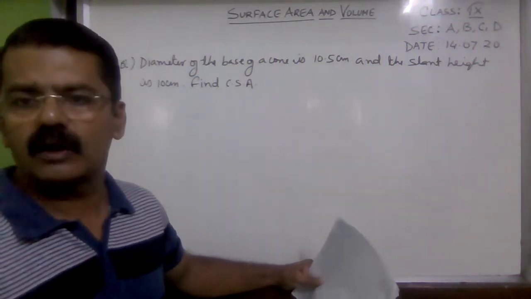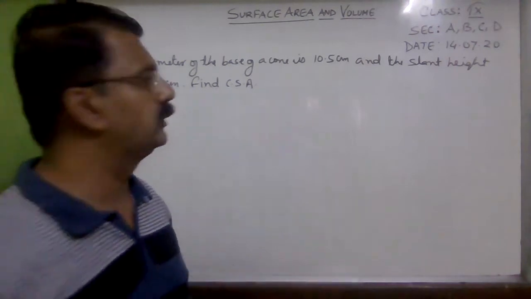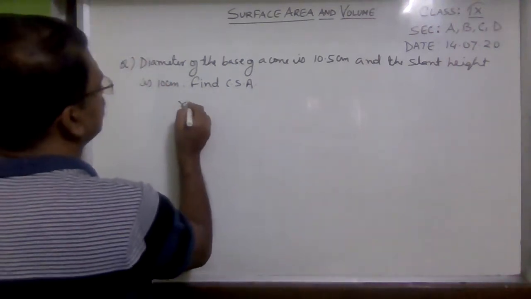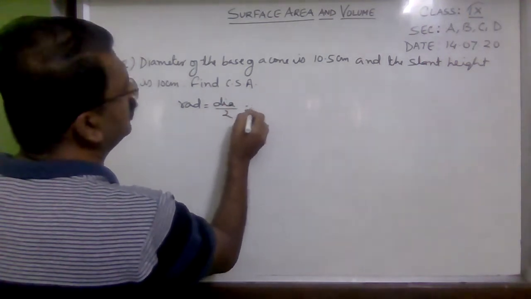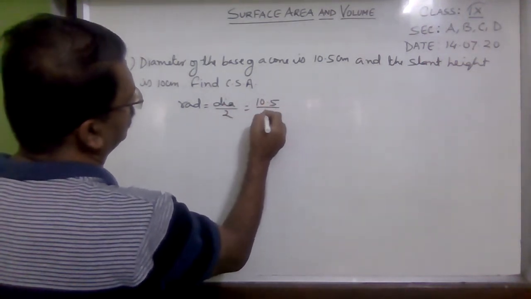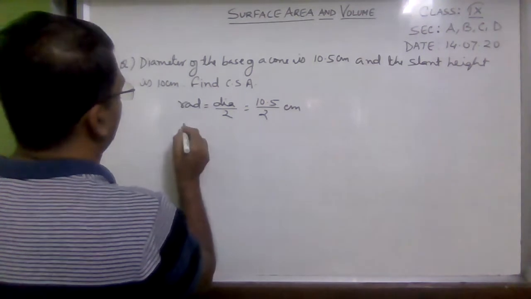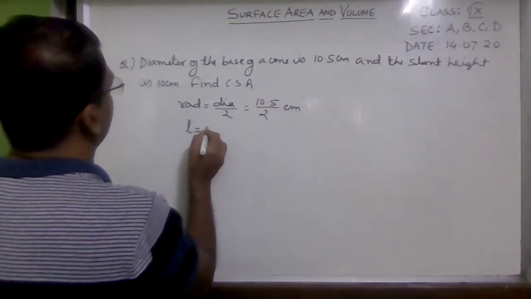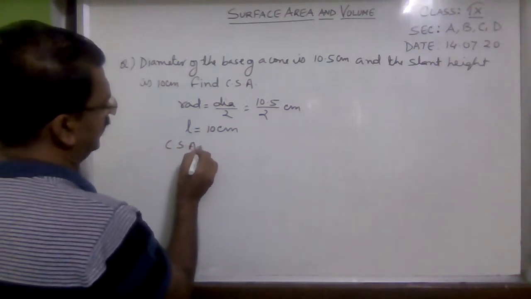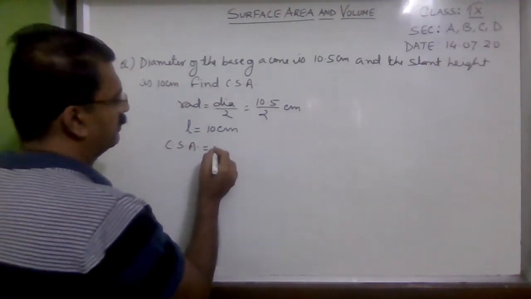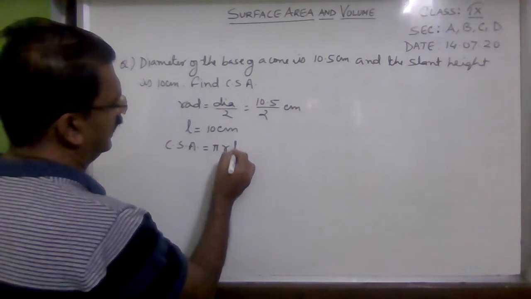the base. So all of you know that radius is equal to diameter upon 2. So radius is equal to diameter upon 2, that is 10.5 by 2 centimeter. And slant height they have given 10 centimeter. Now you know the formula for curved surface area is pi r l.